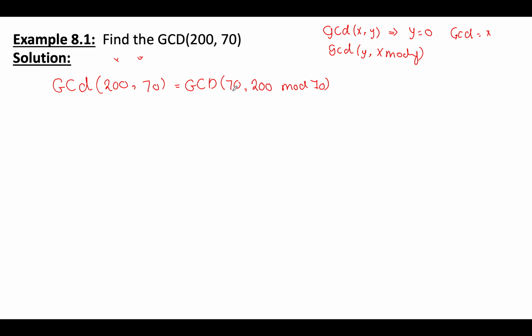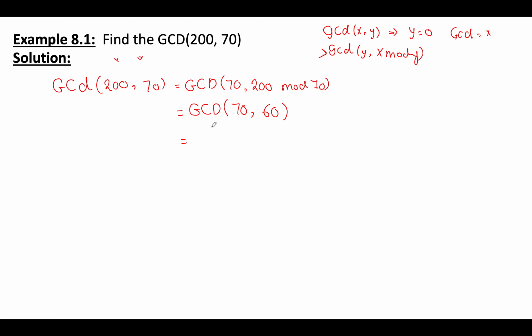So we put y in the front and then we find the remainder when I divide 200 by 70. If I divide 200 by 70, then I'm getting 60 as the remainder. Again, we ask, is y here equal to 0? No, then I need to repeat the mod process here.